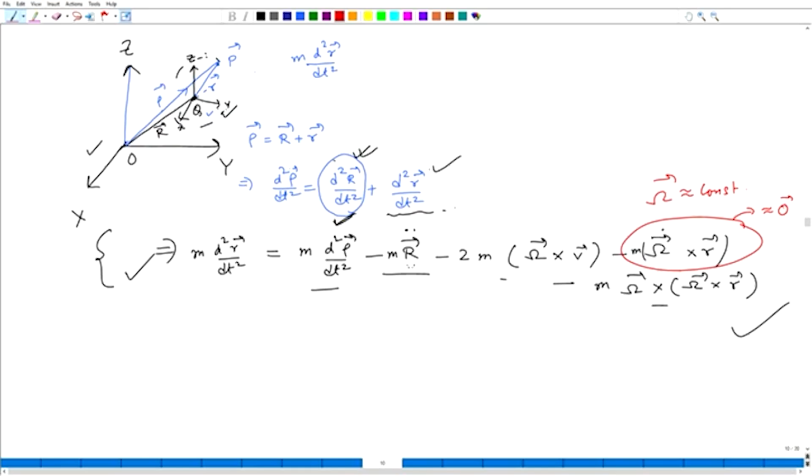Then I can also say that m R double dot will be equal to the mass times the acceleration of an observer who is sitting on the earth surface. So, that we can use.